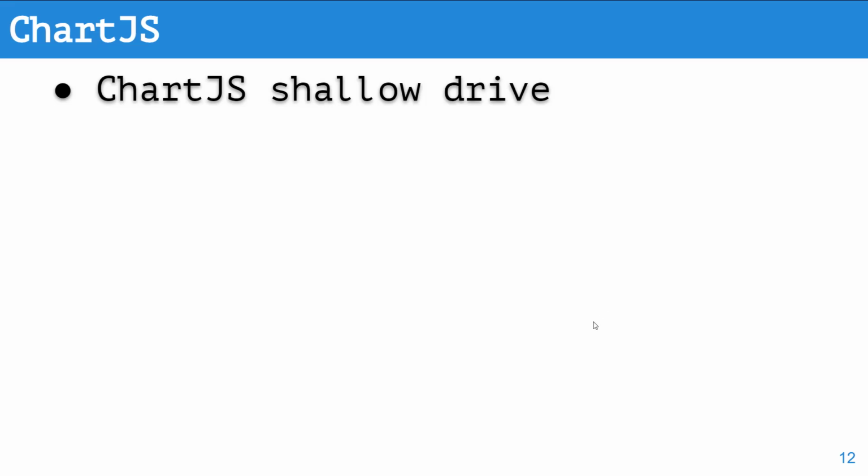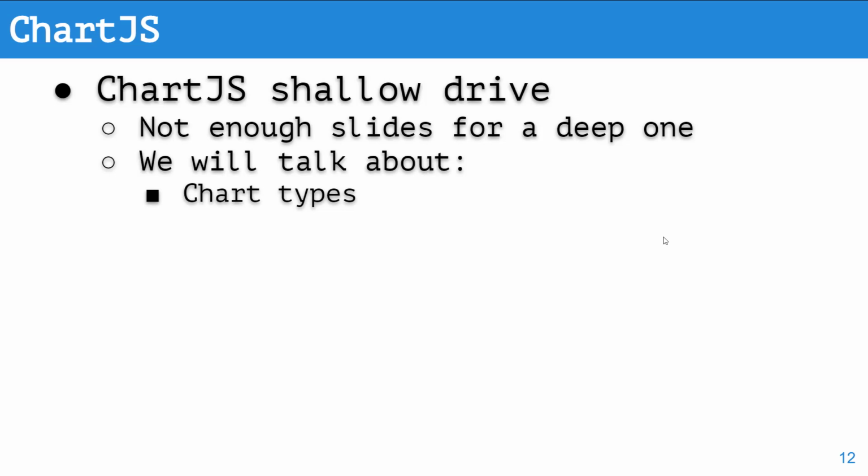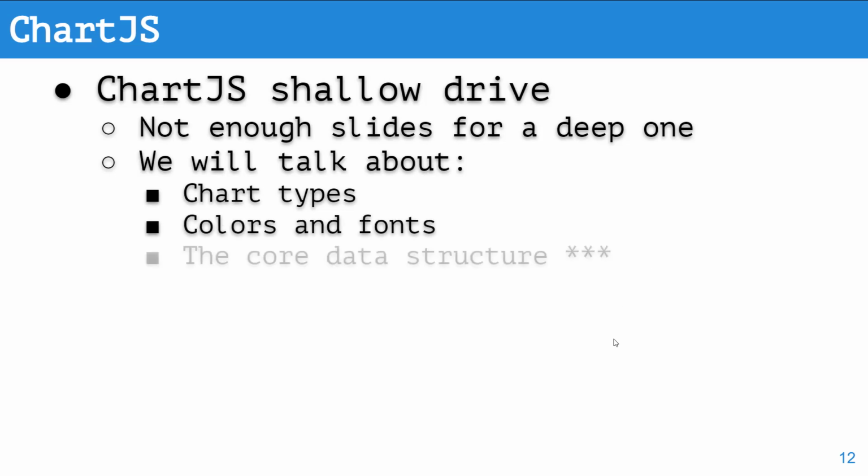So we're going to talk about chart types, and the slides are coming up. Colors and fonts. Core data structures. I might spend too much time here. When I was playing around with it, I was trying to figure out the best way to set up my data so that it slides into the chart more easily. That was a battle of trying a bunch of stuff and burning a bunch of time, but eventually, what was my payoff?